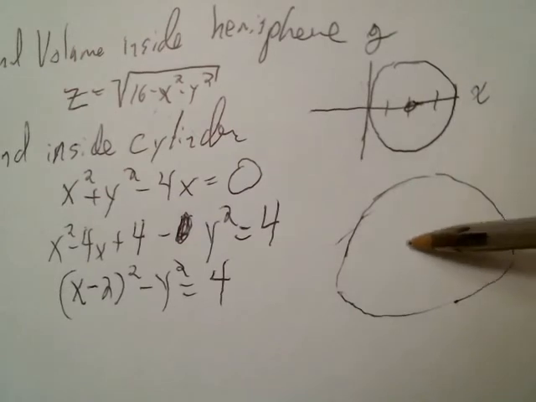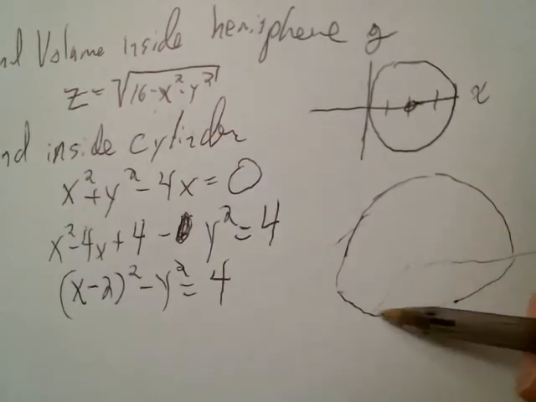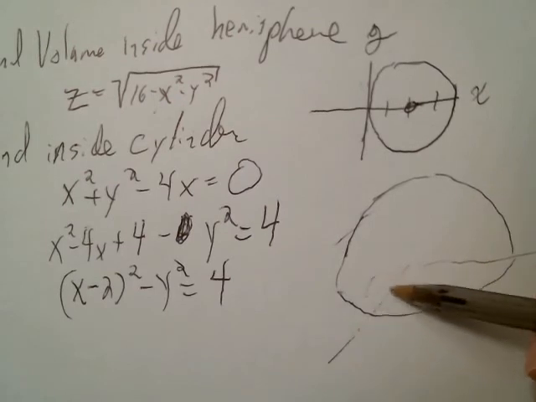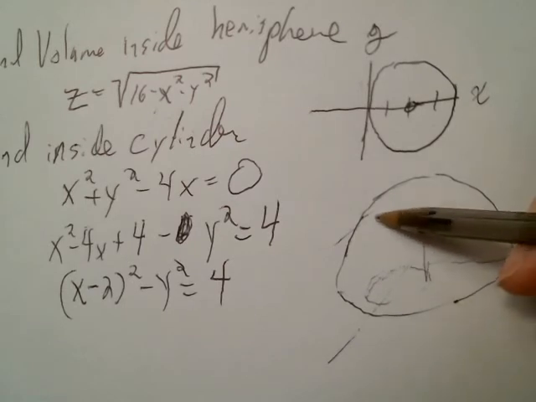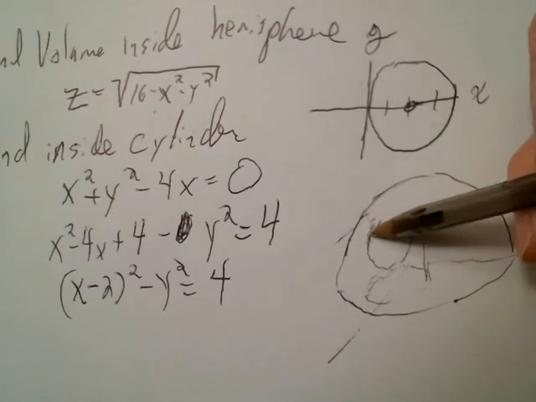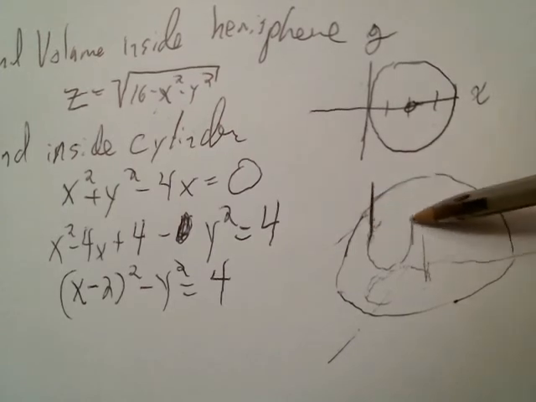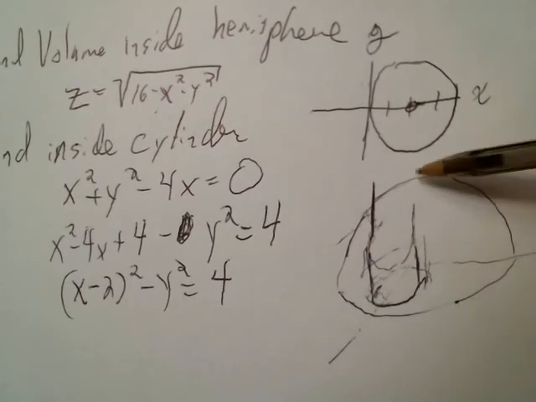On the inside of this, in the xy plane, there's going to be a base of a cylinder situated right here, and it's going to be going up and then hitting this upper part of the sphere in a region like this, and it'll be a cylinder of some sort.